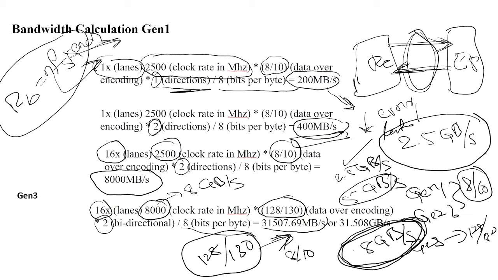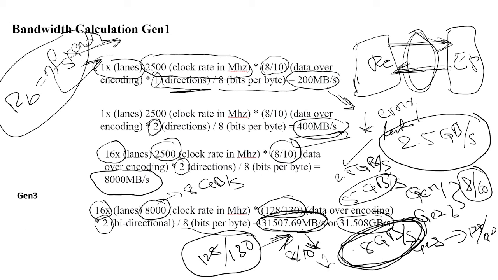So this is the maximum bandwidth I can achieve. Theoretically we can achieve this much, but practically it will reduce. As I told you, due to some latency and error issues, the bandwidth practically will reduce. In this way, we can calculate the bandwidth of PCIe in different generations.